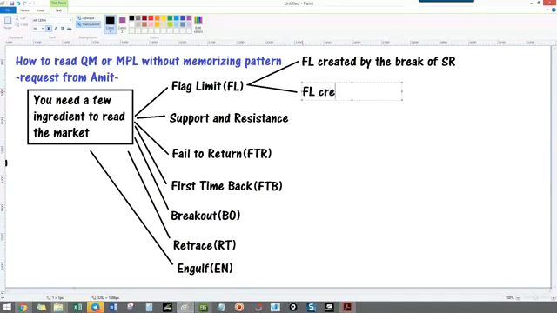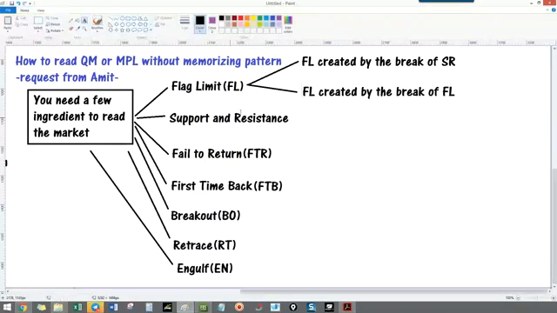FL created by the break of FL. Support and resistance is support and resistance. Fail to return, you have two things, actually three.